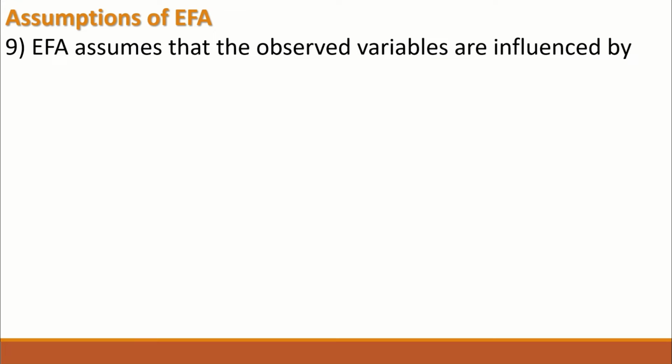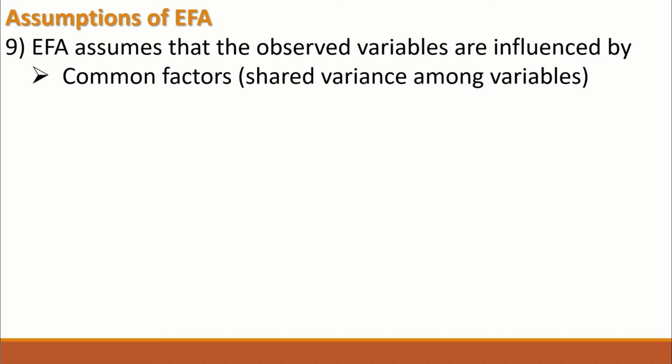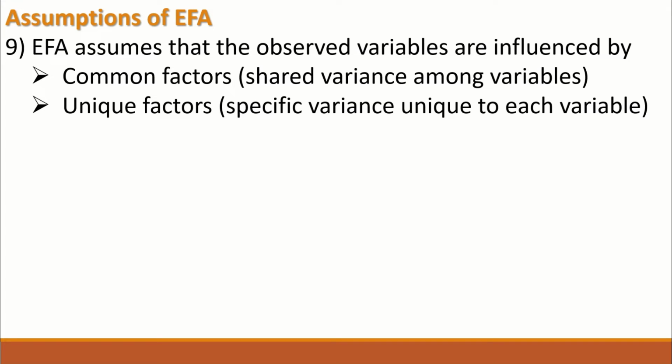The ninth assumption is that EFA assumes that the observed variables are influenced by two things. The first one is the common factor. The second one is the unique factors. Common factors are shared variance among variables, and unique factors are specific variance unique to each variable.